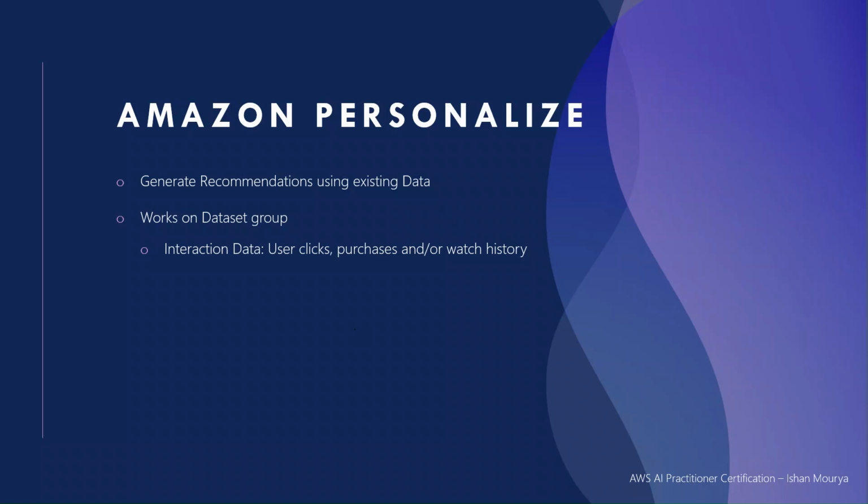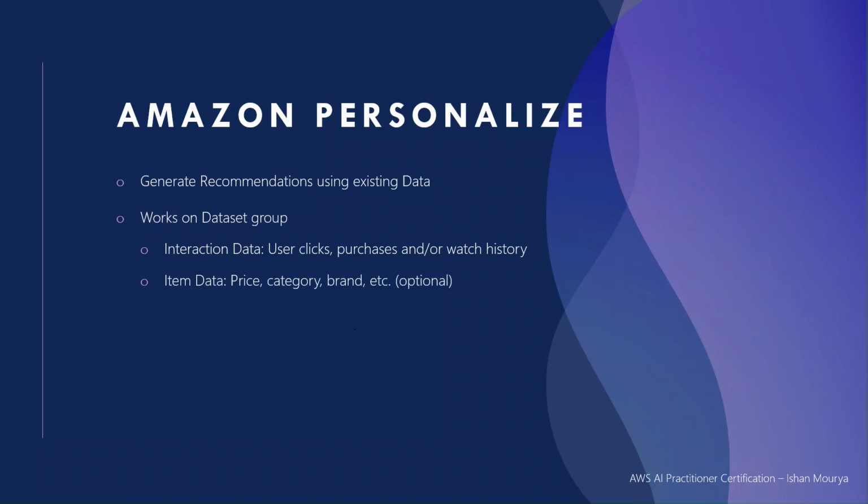So for the dataset group, this interaction data is very important, and this is the major pillar of creating recommendations. Other than that, we will have item data as well. In this, there can be details of the item: price, category, brand, or any other thing you can think about the product.